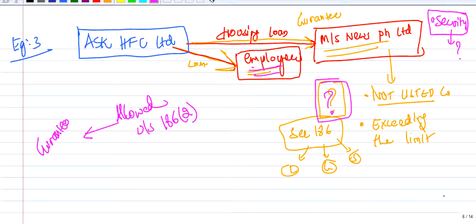If the limit is exceeded, a special resolution can be taken and the loan can be given.